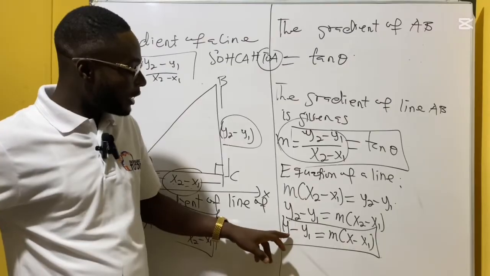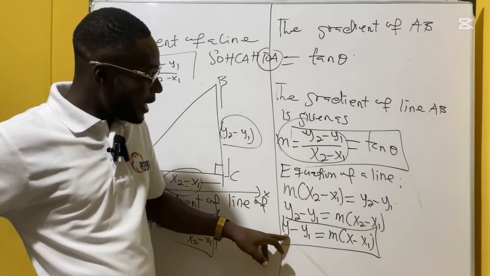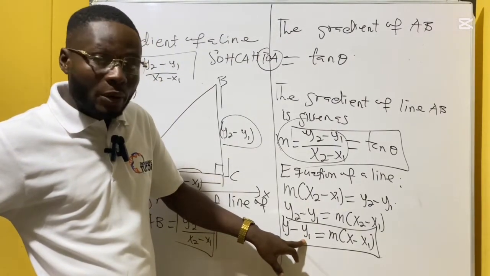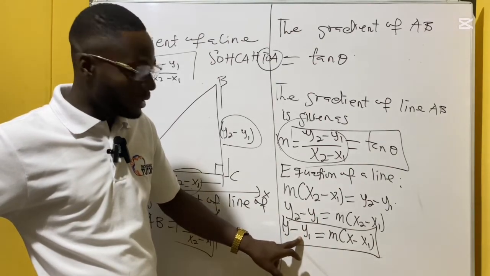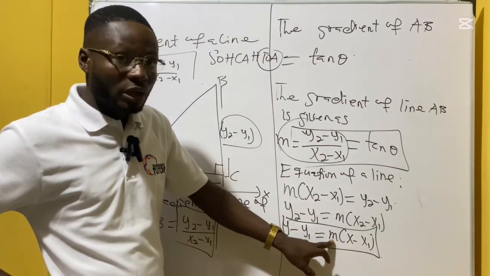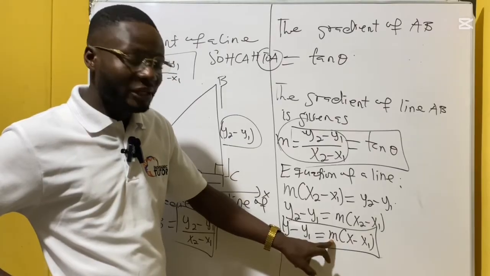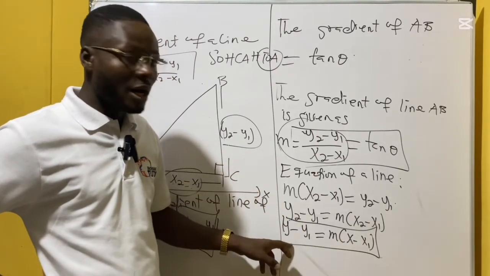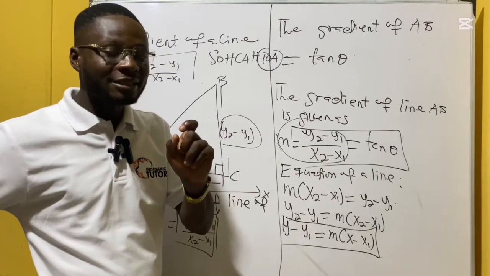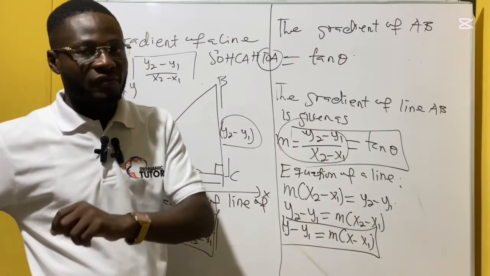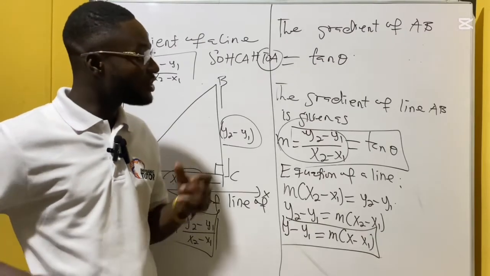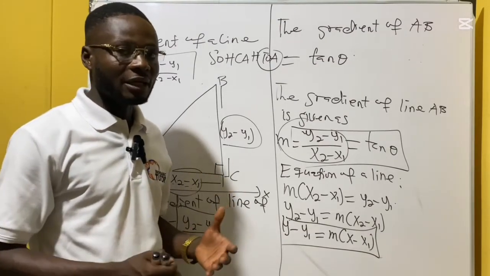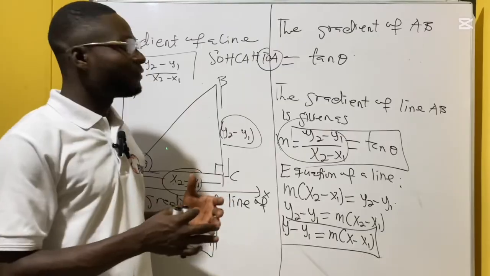That is why it is y minus y1. y1 is the known point, and m, which is the gradient, will be known. x1 is also known, but x and y are not known, and that makes it an equation of a line. So that is basically the formula and the derivation of the formula.